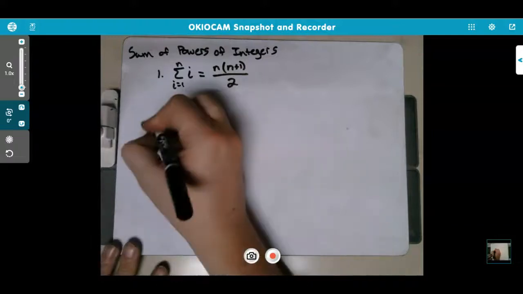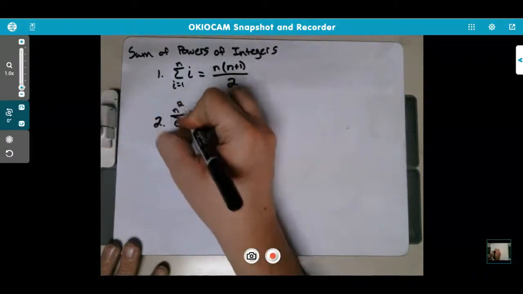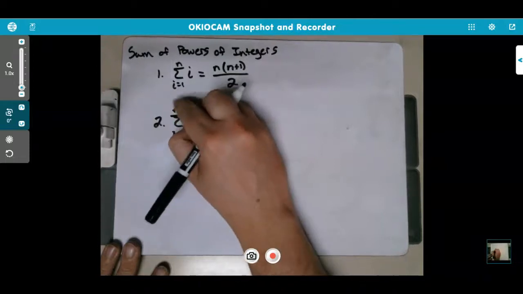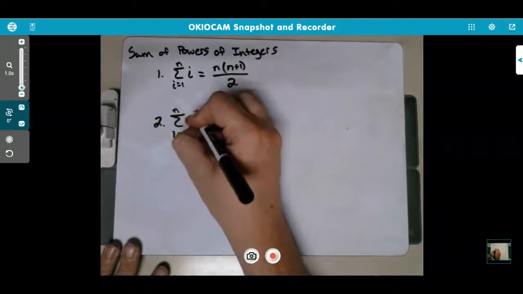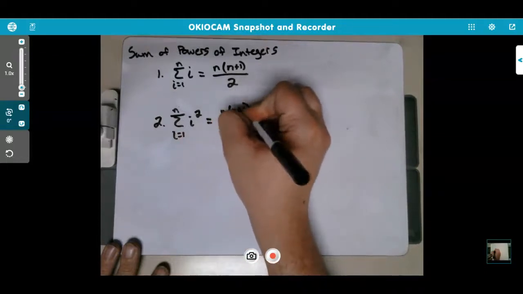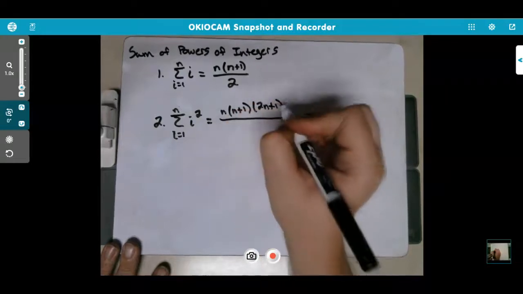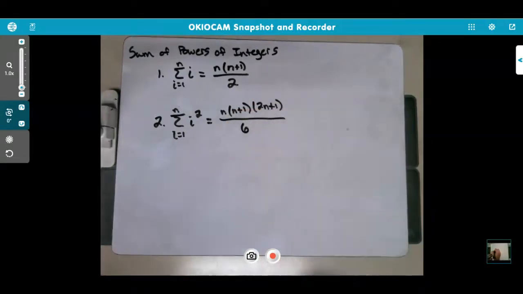If you are doing the sum from i equals 1 to n of i squared, what you end up with there is n times n plus 1 times 2n plus 1 all over 6.